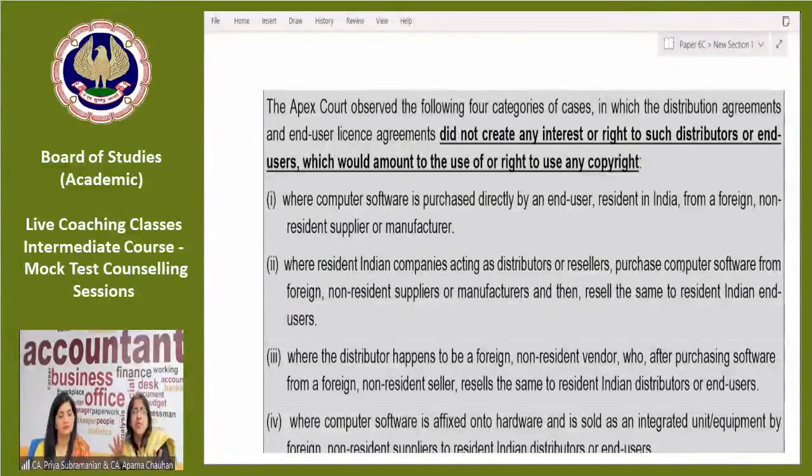In all these four cases, it does not create any right to the distributors or end users which would amount to use of a copyright. It's very clearly stated. It does not create any right which should amount to use of a copyright.